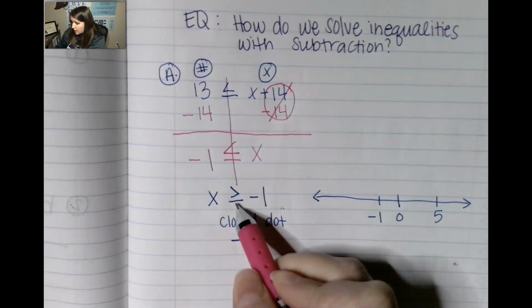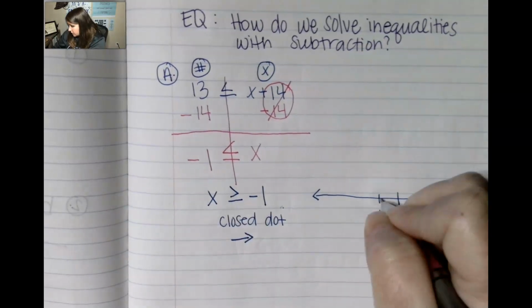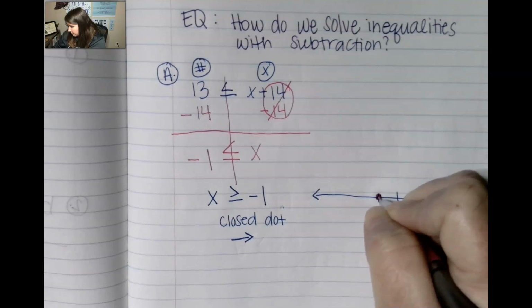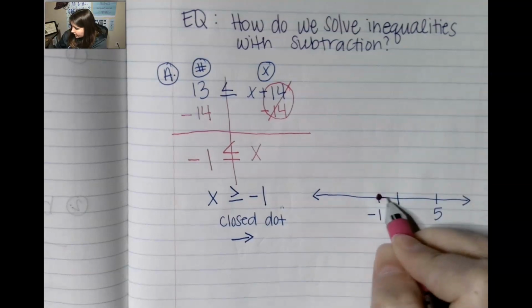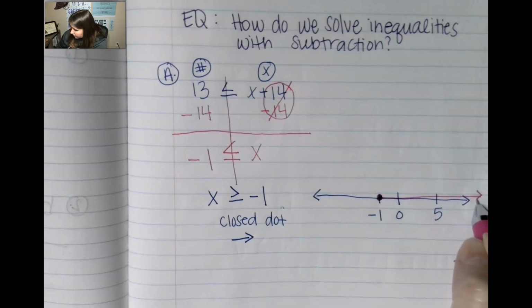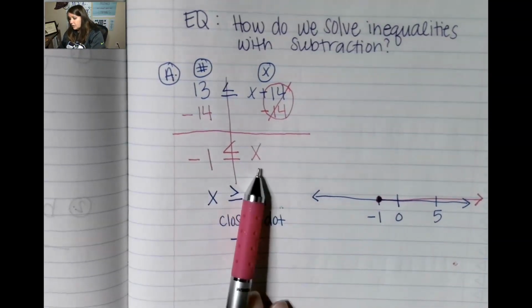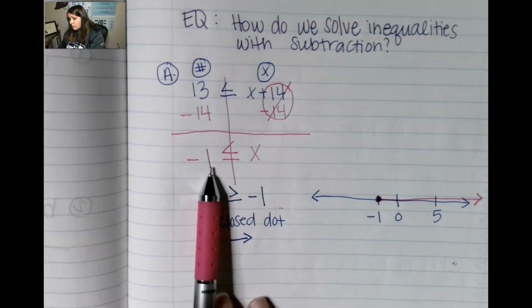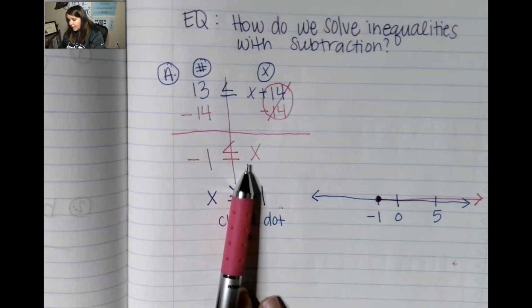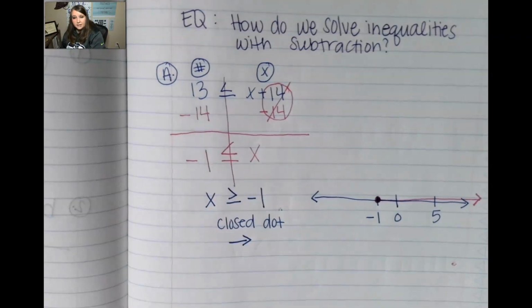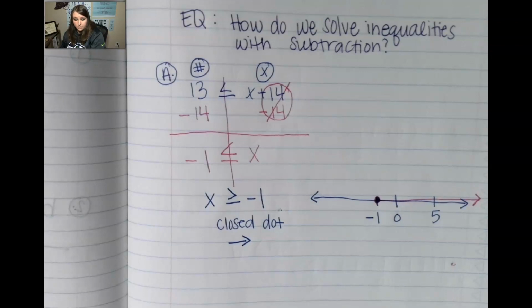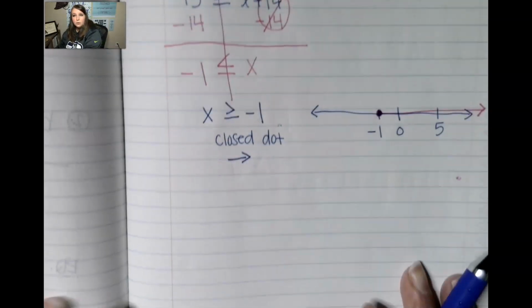Again, we want a closed dot because it's equal to it. So we're going to fill in that dot, and we're going to make this greater than. If you wanted to graph it like this and make your line go the other way because you're saying that negative 1 is less than x, you're totally fine there too. Either way works. Okay, now let's go ahead and look at example B.